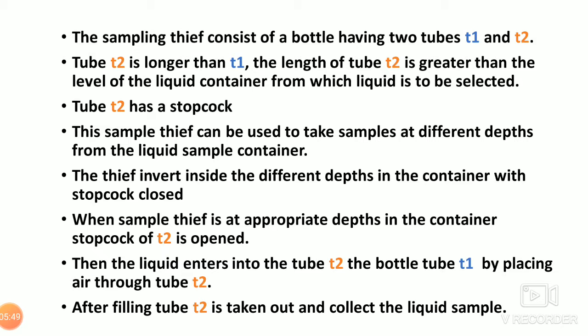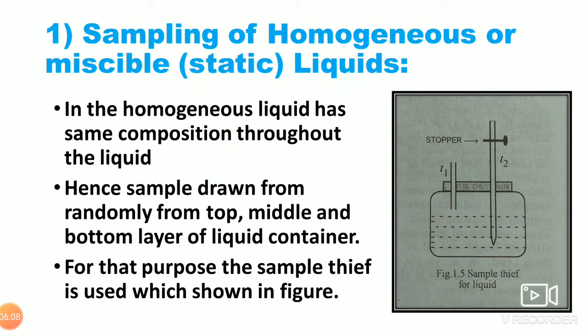As you have seen, tube T2 is longer than T1. The length of tube T2 is greater than the level of the liquid container from which liquid is to be selected. Tube T2 has a stopcock. As you have seen, this is the stopcock, or you can say stopper.